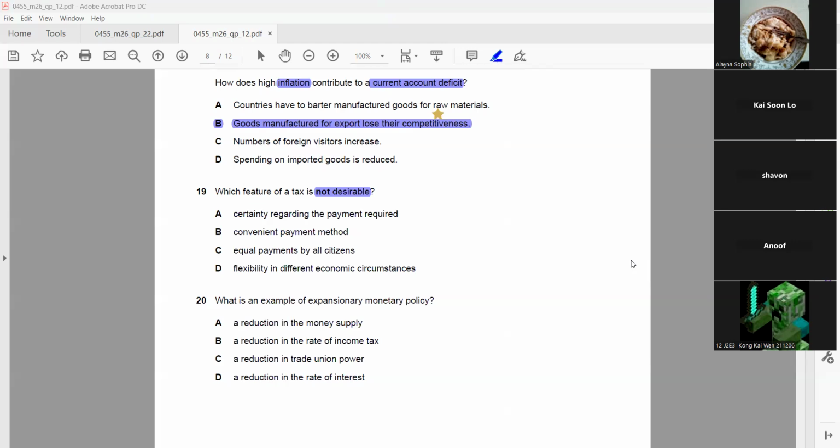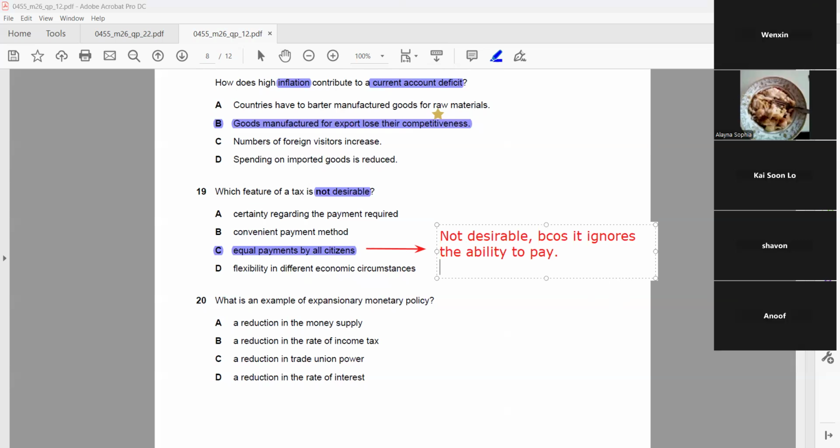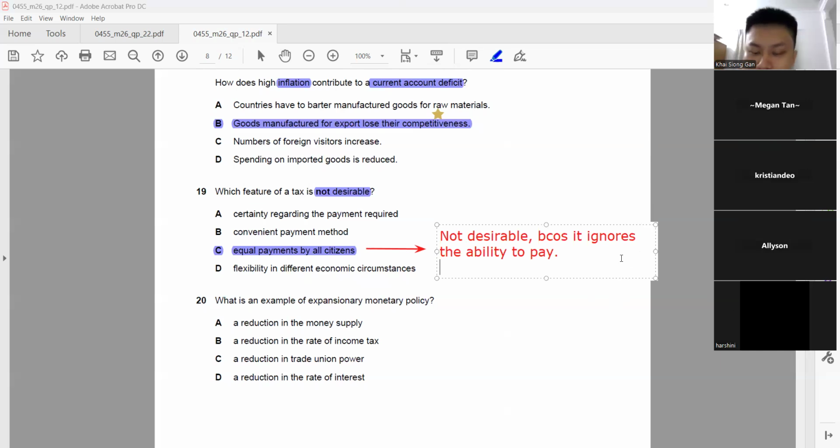Not desirable. Yes, correct. C is the answer. Equal payments by all citizens is unfair. You ask everyone to pay the same amount of tax, that's very unfair. Why is that unfair? Because it ignores the ability to pay. You ask everyone to pay, for example, 1,000 of tax or 2,000 of tax. Everyone pays the same regardless of the income. That will be very unfair for the poor. The poor may not be able to pay for it, so it ignores the ability to pay. So it is not desirable because it ignores the ability to pay.